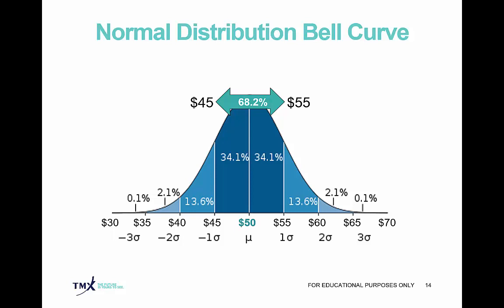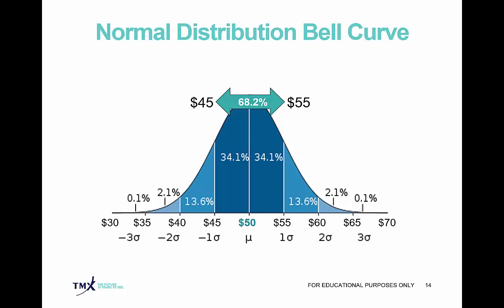Under normal circumstances, the market maker or the market in general might have an expectation that the shares have a 68.2% probability of staying within that $45 to $55 range. And as such, because there's a high probability of that happening, those option contracts will be priced accordingly. And then the further out of the money options and the further in the money options, those contract prices will adjust accordingly as well.